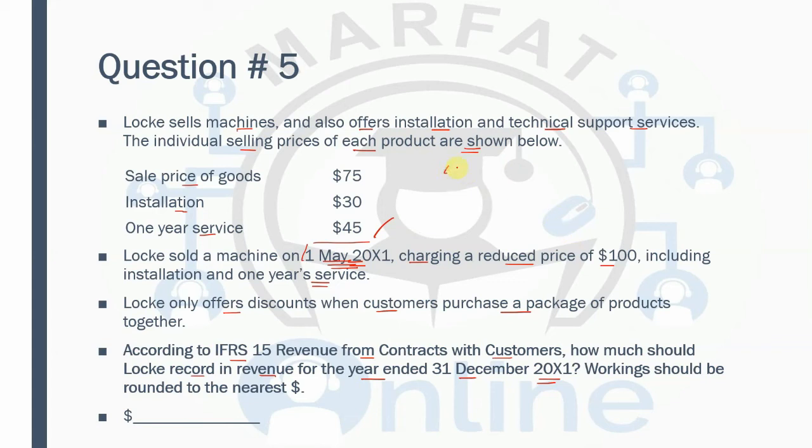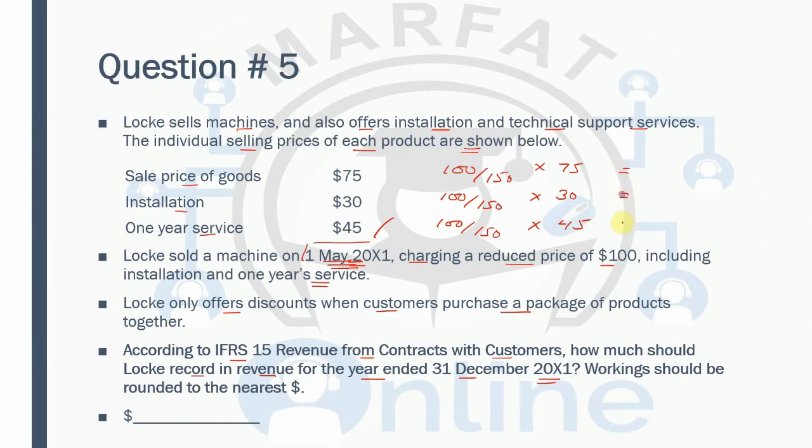And 100 is the discounted price. Full price is 150. Now multiply by 75 to calculate the discounted price. Again, 100 divided by 150 multiplied by 30. That means the discount should be applied to all the components within a contract, all the performance obligations. 100 divided by 150 into 45.